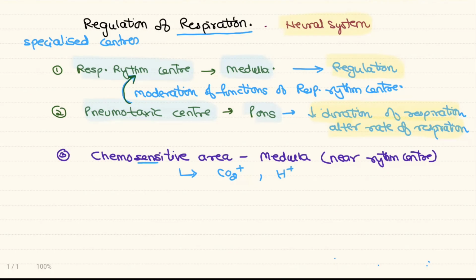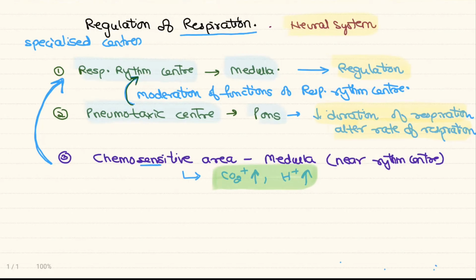Any increase in the carbon dioxide or the H plus ions in the blood, the sensitive areas are highly sensitive to these changes, and they will send the signal to the respiratory rhythm center. So whenever there is an increase of CO2 or H plus ions, the information directly reaches the respiratory rhythm center, and this will help to moderate the functions.